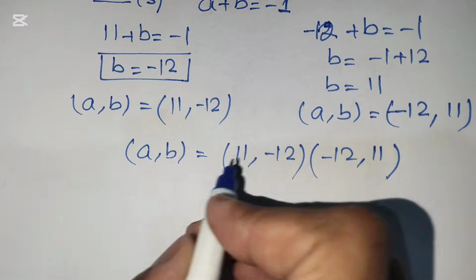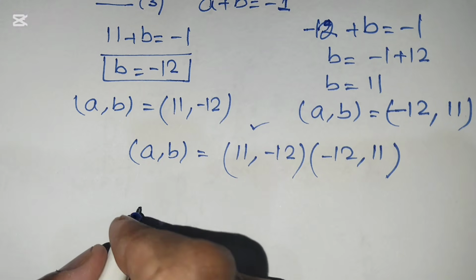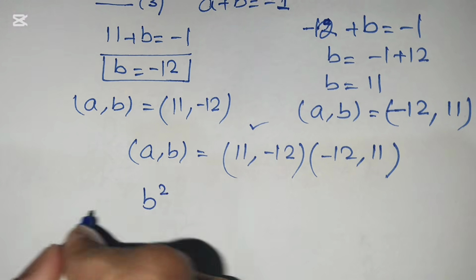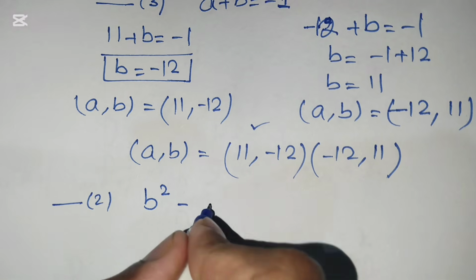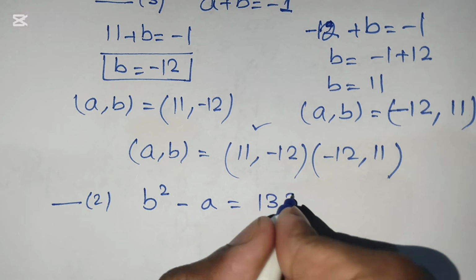We will check one of the values to see whether this is correct or not. We have the equation b² − a = 133.